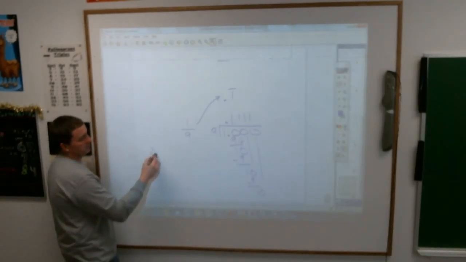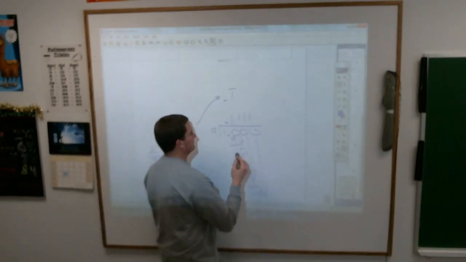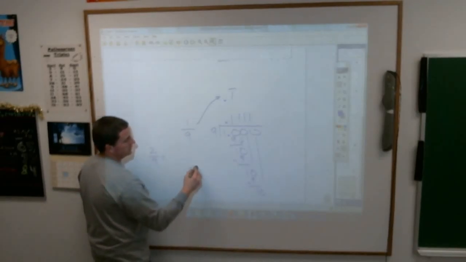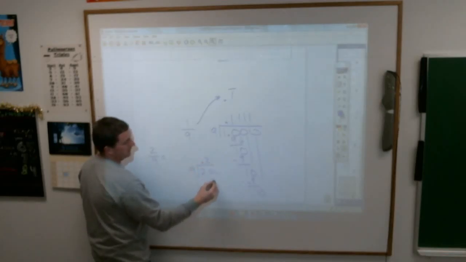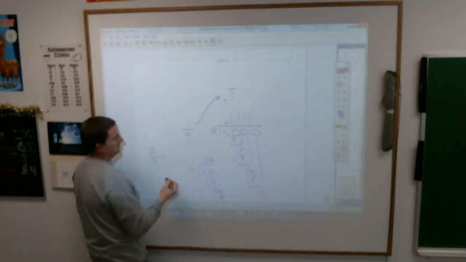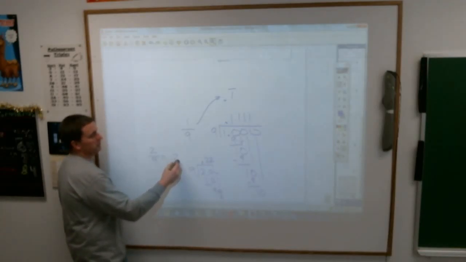Guess what 2/9 would be? All right, no guesses, let's just look at it real quick. If I divide 9 into 2, 9 goes into 20 2 times, it's 18. So 2/9 is probably 0.2 repeating.